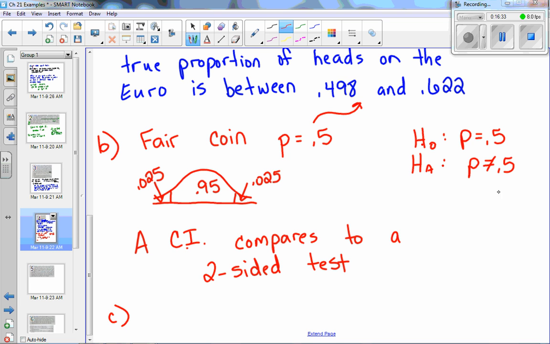Because I would be doing a two-sided test, my significance level, alpha, would be 0.05, because that was the combined amount in both tails. If I had been doing a test instead and calculated a p-value, had my p-value been less than 0.05, I would have concluded that the euro was not fair.